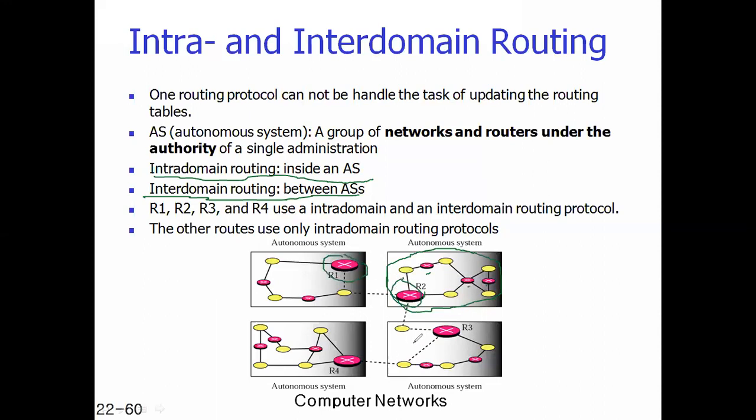Between these autonomous systems there are routers R1, R2, R3, and R4, and we have to update this information too. It is the responsibility of the inter-domain routing protocol to update the routing information between these autonomous systems. Now, does RIP belong to intra-domain or inter-domain?